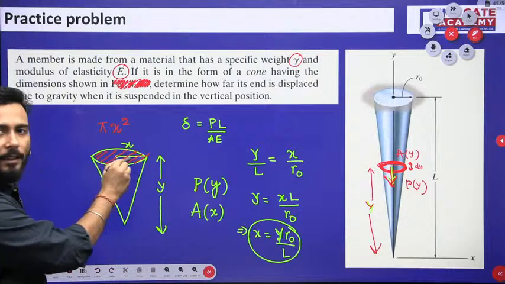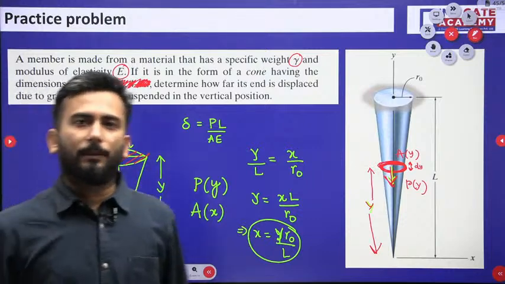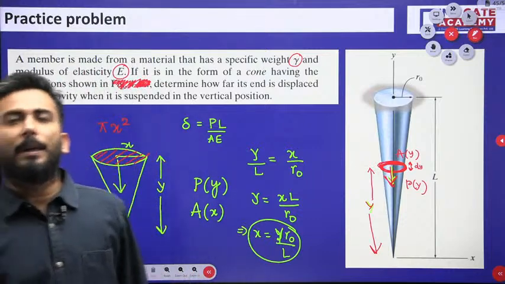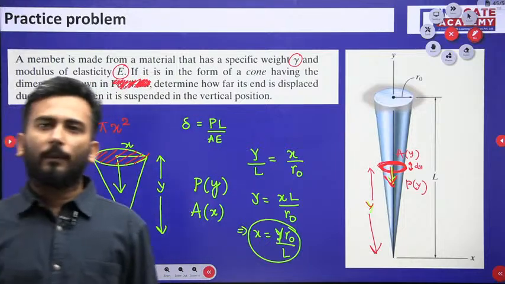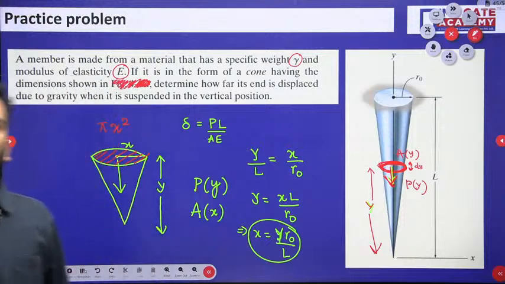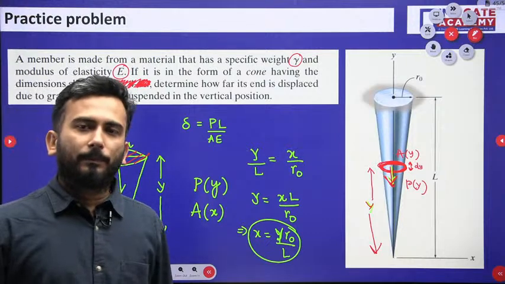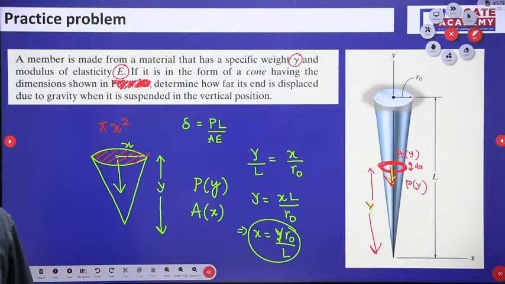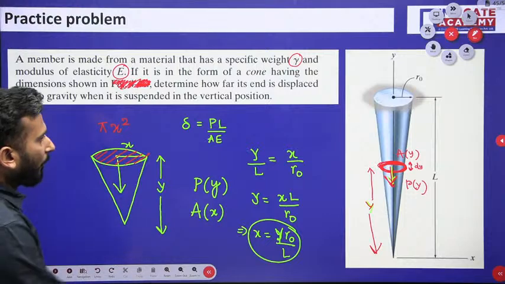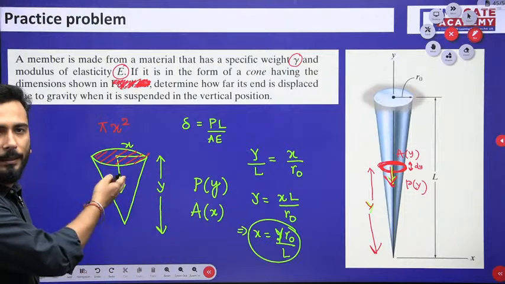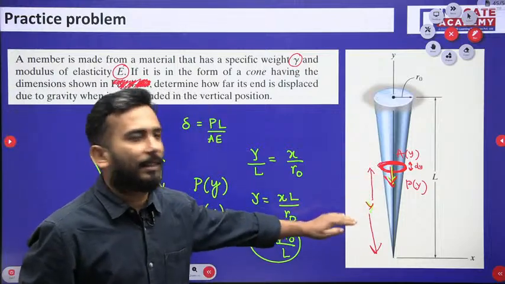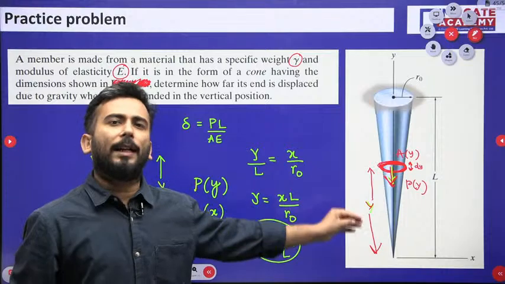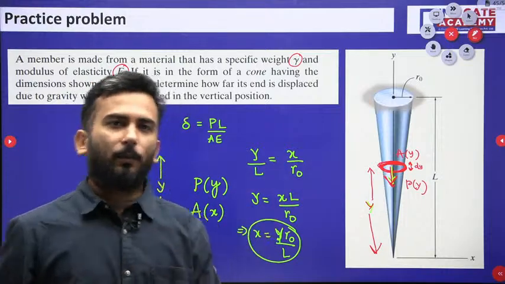It is x. So area is pi x square. Clear? Generally we take this distance as x, but I have taken it as y, so A of y is a better way to denote it.